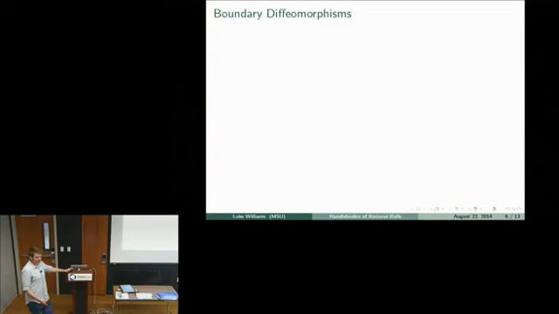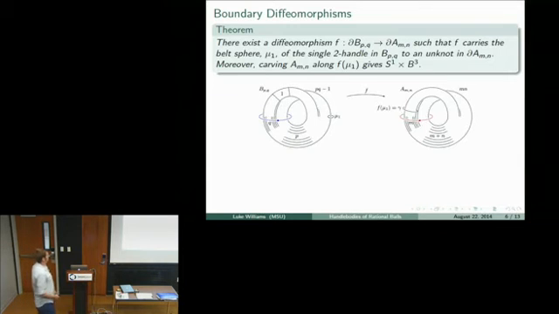I mean, Yamada, in his construction of A_{m,n}, constructs a diffeomorphism to C_{p,q}, in fact. And similar ones should exist for B_{p,q}. These ones are maybe defined slightly differently, but nonetheless, it's not surprising that we should have a diffeomorphism here.